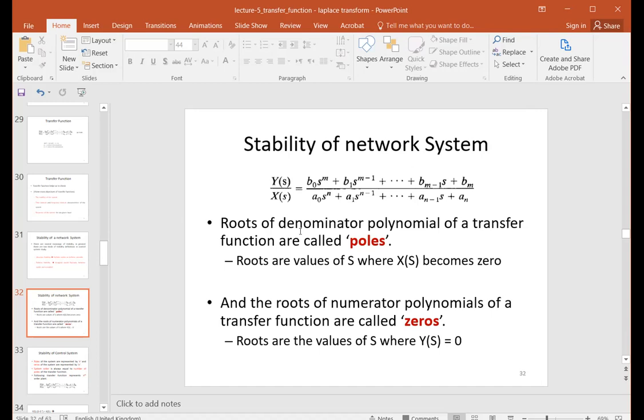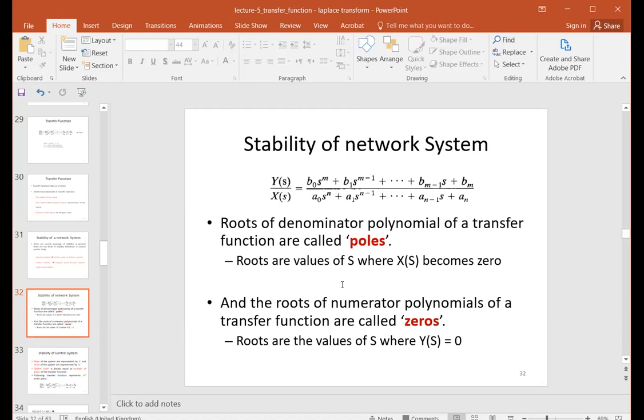So we find the roots of the denominator, and these are called poles. The roots are values of S where x of S equals 0, and when we solve the equation we find the poles.